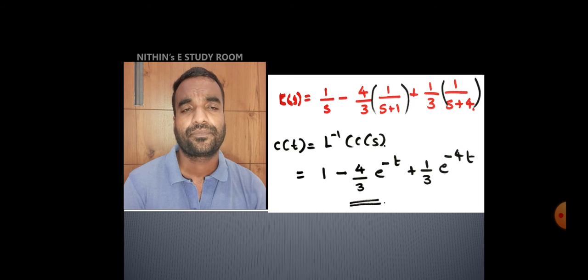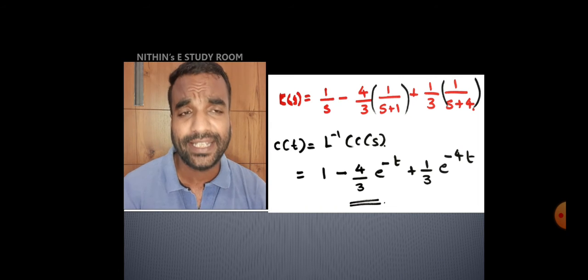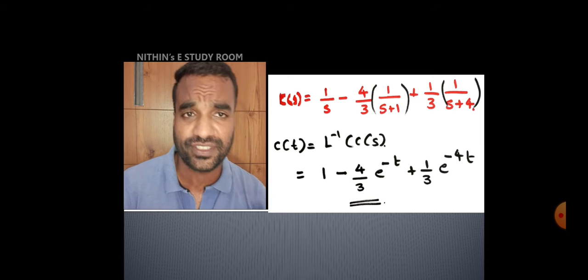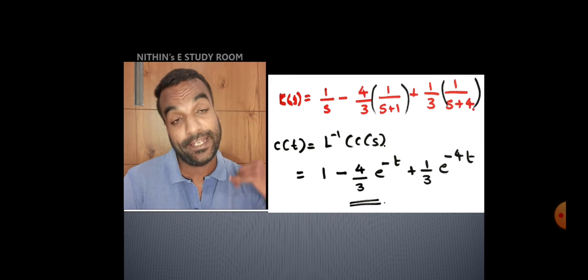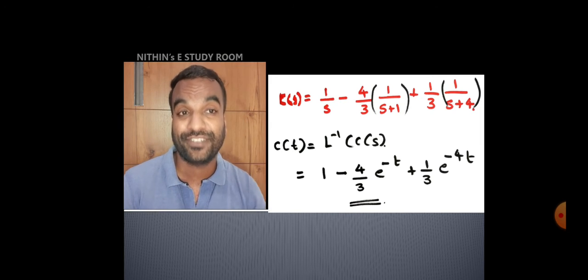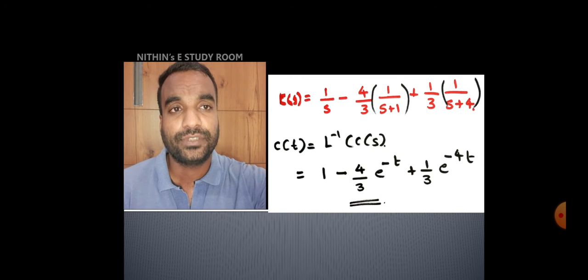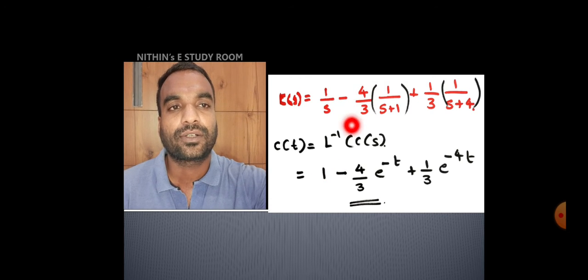Now, to find c(t), that is the final answer, the response, you have to take the inverse Laplace of C(s). So the inverse of 1 by s is nothing but 1. And 4 by 3 is a constant, keep it here. And 1 by s plus 1: the inverse of 1 by s plus 1 is e raised to minus 1t, so it is e raised to minus t.